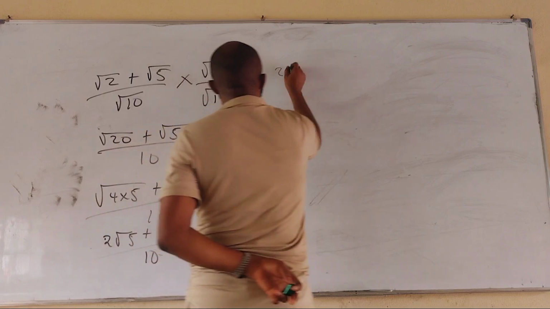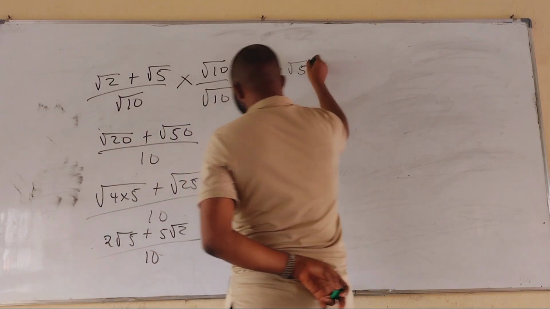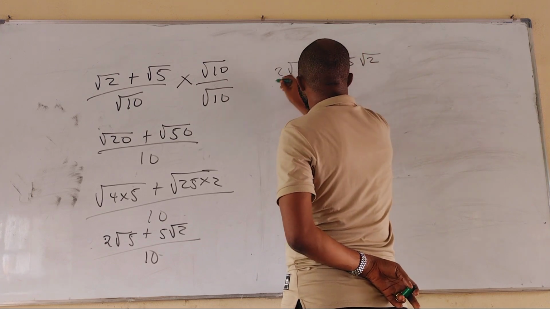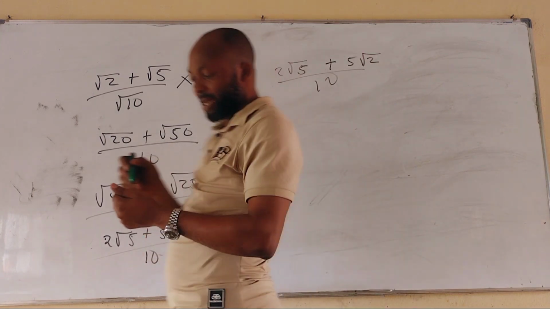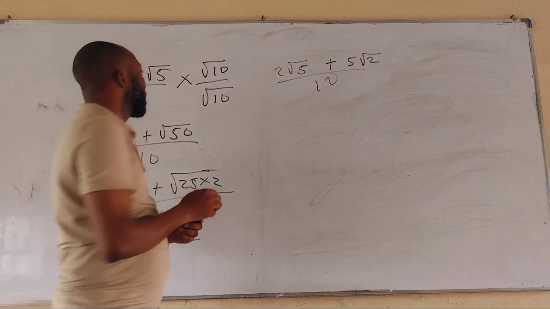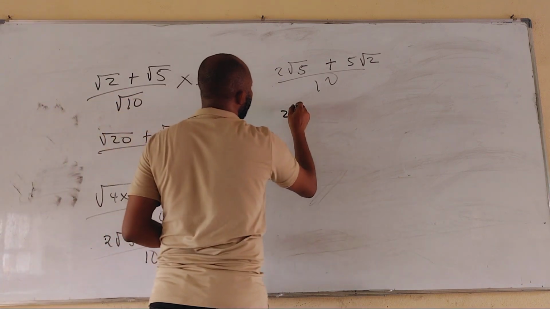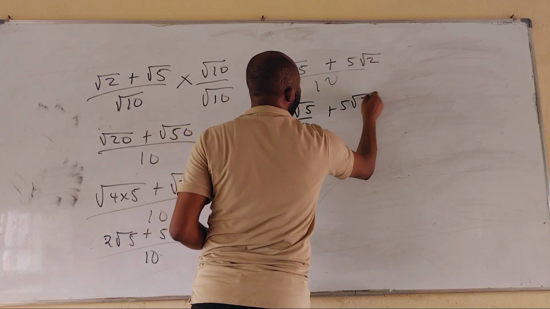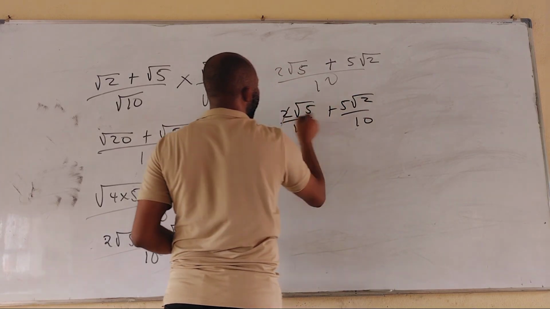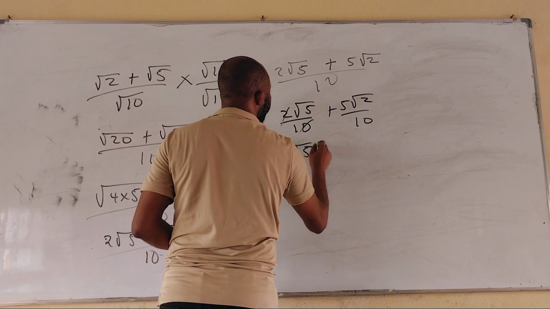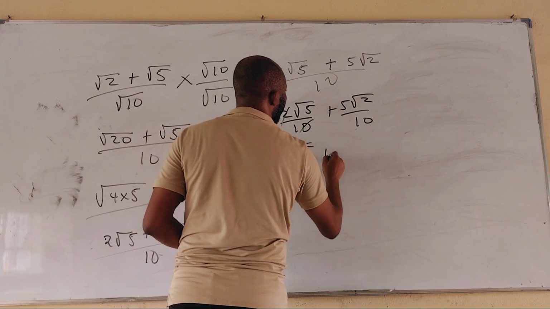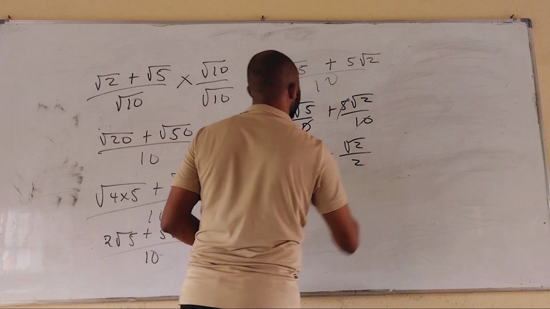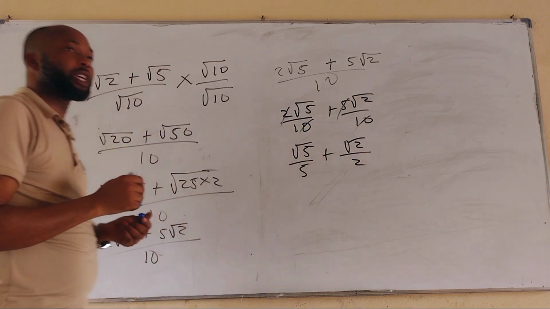So I have 2 root 5 plus 5 root 2 over 10, which can become 2 root 5 over 10 plus 5 root 2 over 10. Simplifying, I have root 5 over 5 plus root 2 over 2. So this becomes the answer.